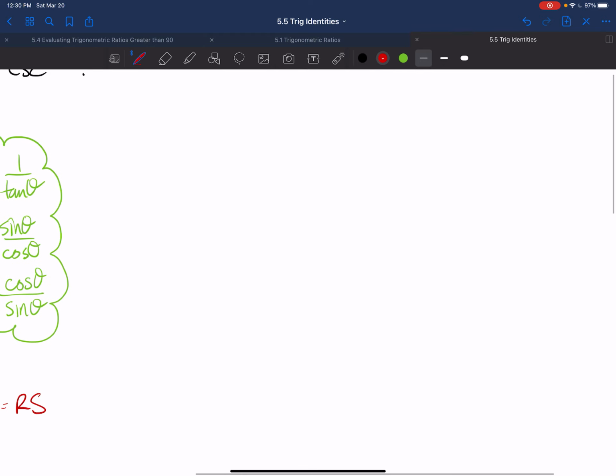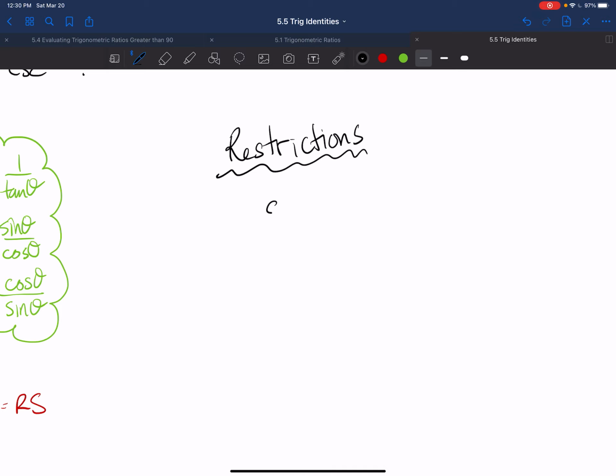So let's do that over here. Cosecant theta is the same thing as 1 over sine theta.